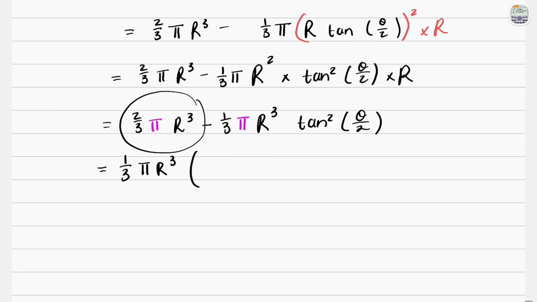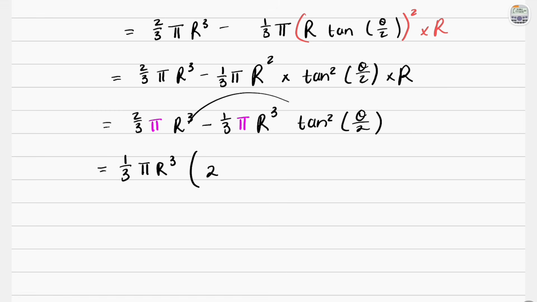If you look at this first term and you ask yourself, what do you multiply to this to get back to that? You look at the 1 over 3 and say, what times 1 over 3 gives me 2 over 3? Well, if you have 1 over 3 and you multiply it by 2, you get 2 over 3. So that is what is left there, 2. And then pi, multiply by 1 gets you back to pi. So we don't have to rewrite that. And R to the power 3, same story over there.